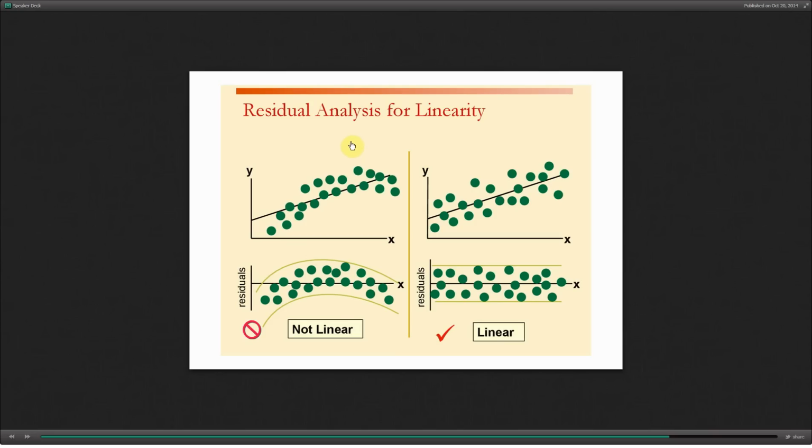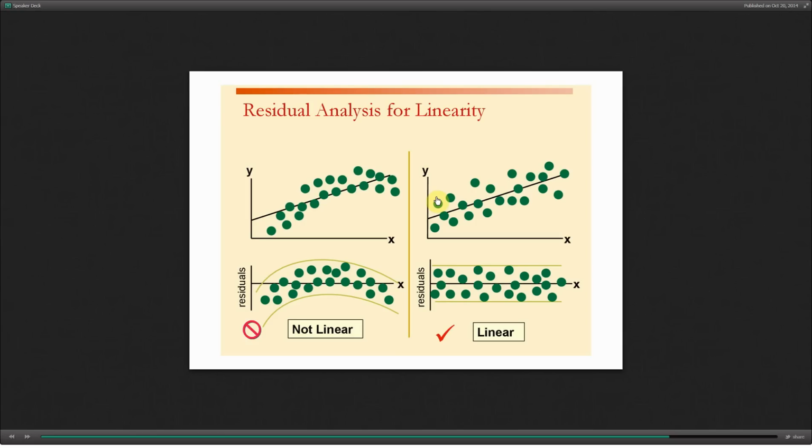So how do we know that? Well, one quick check is a scatter plot check. If we look at a scatter plot, you can see this one does not look linear. It has a sort of rainbow shape, whereas this one has a linear look.